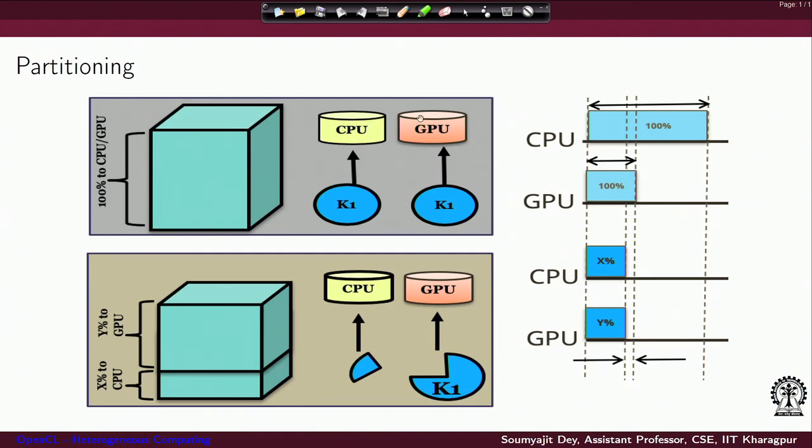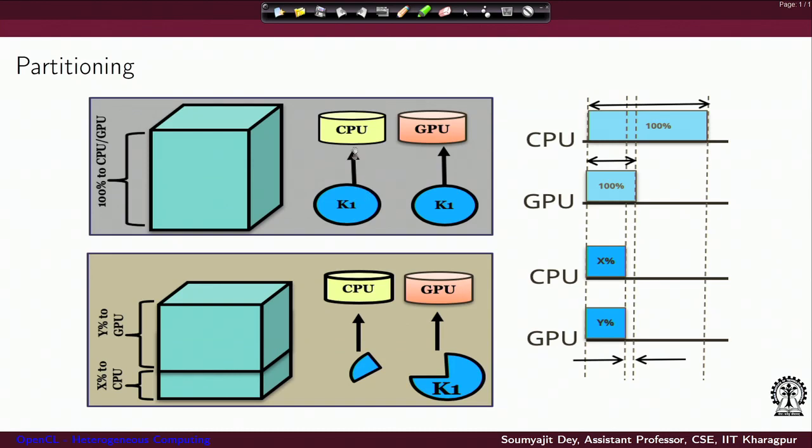You can dispatch it on the GPU and get the job done on this full data space, or you can split this data space into individual memory segments and get two kernels spawned. One kernel dispatches to the CPU, one kernel dispatches to the GPU, and then you have both of these devices engaged in parallel for doing the job, which is a good thing, right?